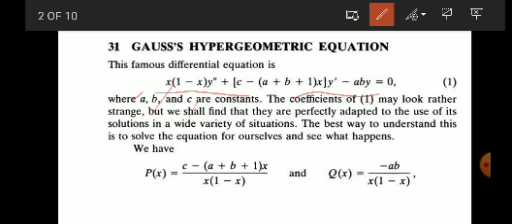Similarly, p of x equal to c minus a plus b plus 1 into x by x into 1 minus x, and q of x equal to minus ab by x into 1 minus x.